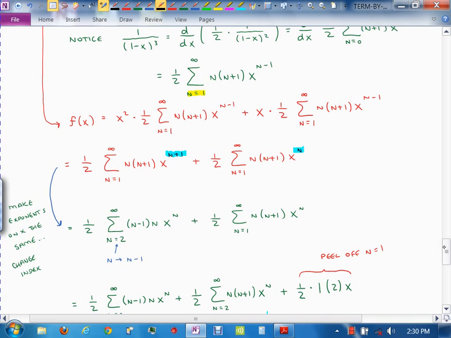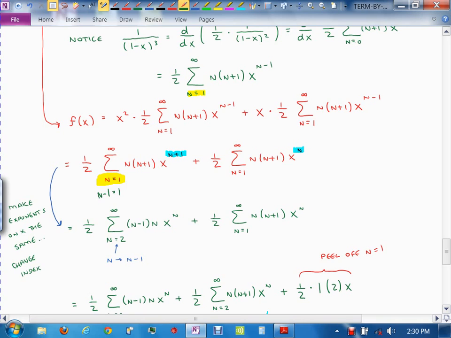So if I come right in here, right there, and I replace that, if I replace the n with n minus 1, and move the 1 to the other side, I get what? N equals 2. And if I change the n's to n minus 1s, this n here becomes an n minus 1.